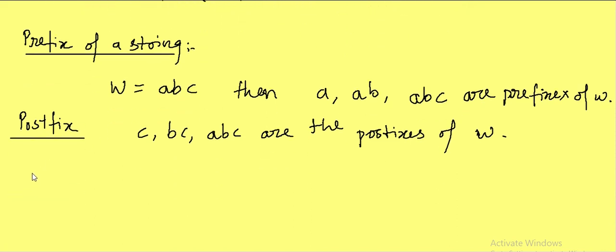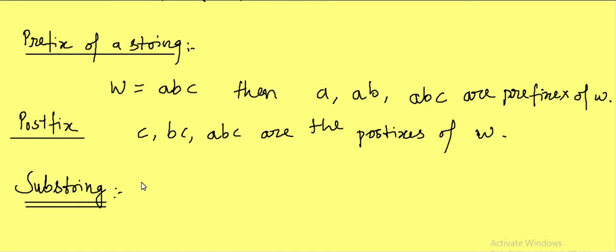Remember, these are small topics or small elements related to finite state machines or finite automata, but they are very important, because they ask you many questions from these topics.